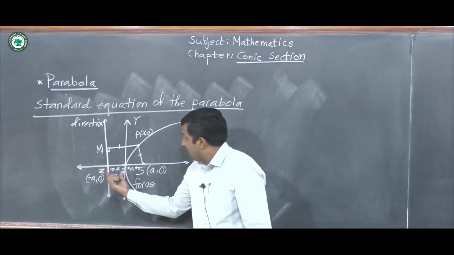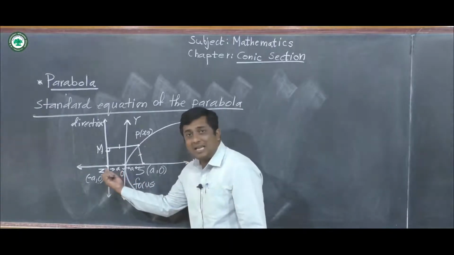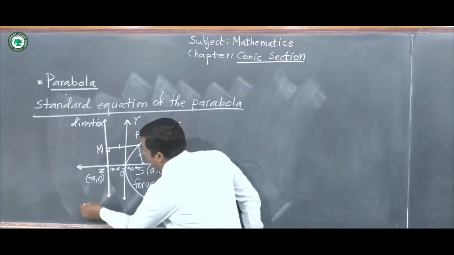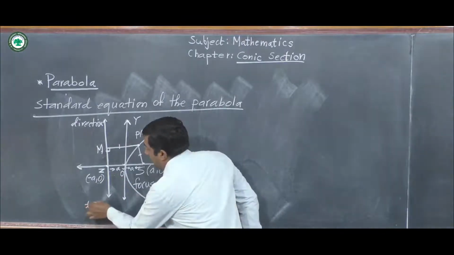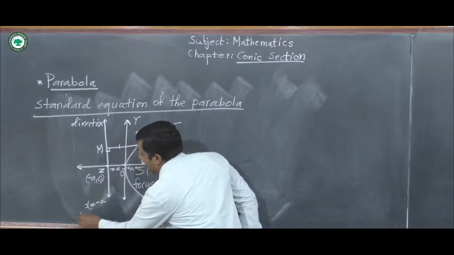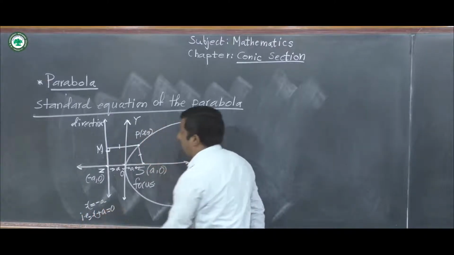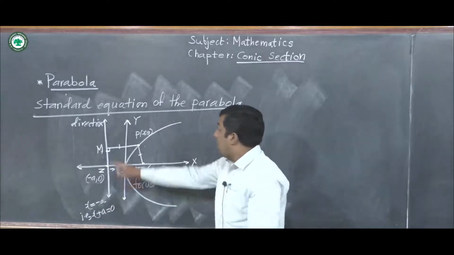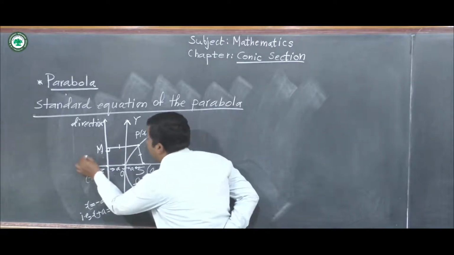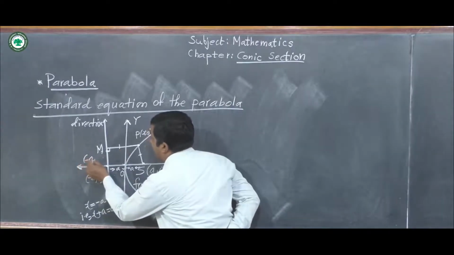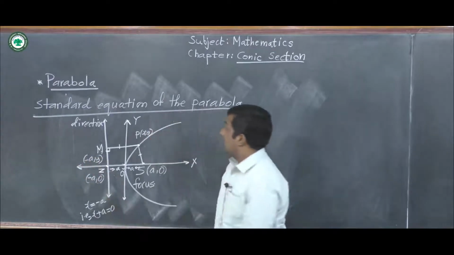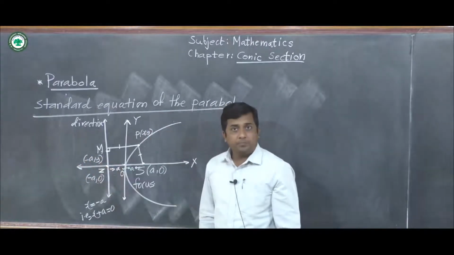We know the equation of the directrix is x = -a, that is x + a = 0. The coordinates of M are (-a, y).